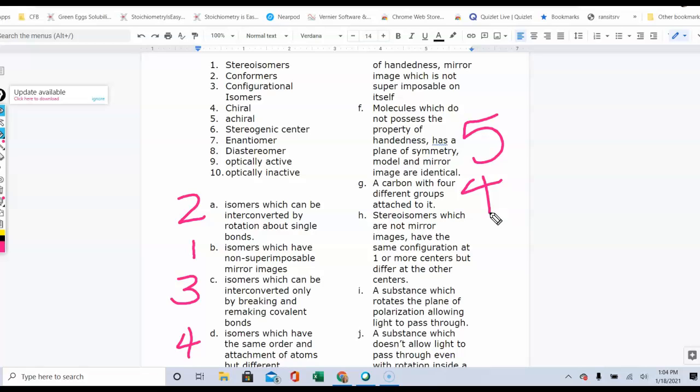That makes me think same configuration but differ at the other center. So that might be a diastereomer. Right, a substance which rotates the plane of polarization of light passing through it is optically active. A substance which does not rotate it is optically inactive. And I think we have covered all of them. I expect us to have lively conversation about this, and we will go on from there.